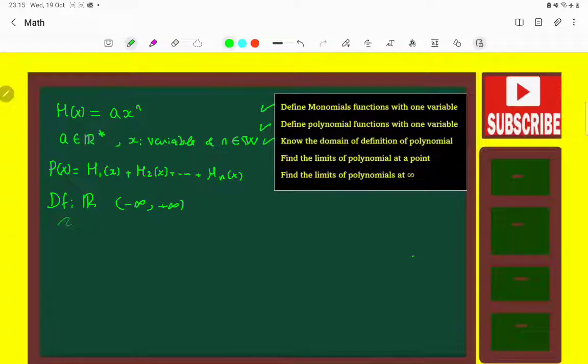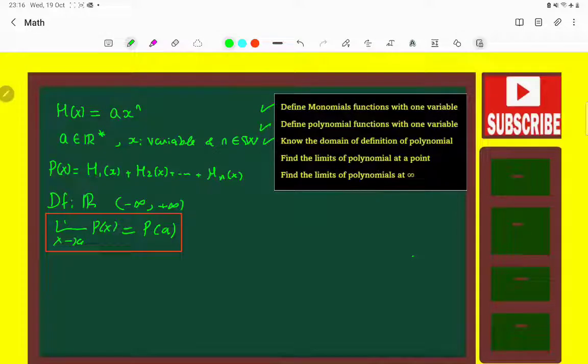And so as you see, finding the limit as x tends to a for p of x is similar to finding the image at x equal to a. Later on, we also will see the reason why this statement is correct, because we shall define continuous functions, and we'll learn that polynomials are continuous over the real set.